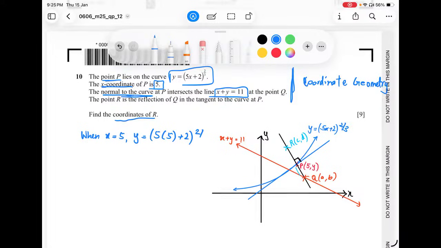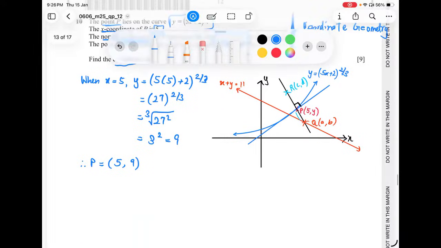You just substitute into the equation of the curve, and you get 27 to the power 2 by 3. That's the cube root of 27 squared, which is 3 squared, which is 9. So hope you got that. That's your first step. Then you can write P's coordinates as (5, 9).